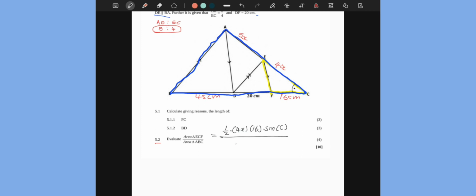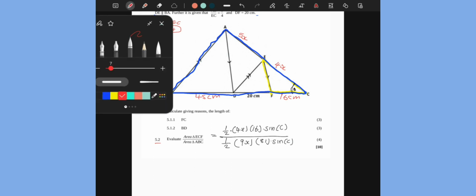what I did here. I'm also going to apply it here. The reason for selecting this is that I don't have the perpendicular height, and this formula is favoring me because all these triangles share the common angle at C. So I'm going to say half times the two given sides of the bigger triangle: I sum 5x plus 4x, which gives me 9x, then 45 plus 20 plus 16, which gives me 81, multiplied by sine C. I'm almost done.